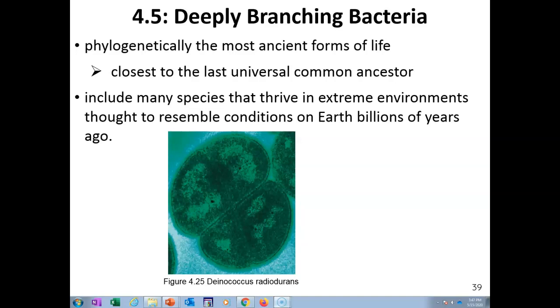And one of the reasons that this organism thrives so well is that it has multiple DNA repair mechanisms. So Deinococcus radiodurans.